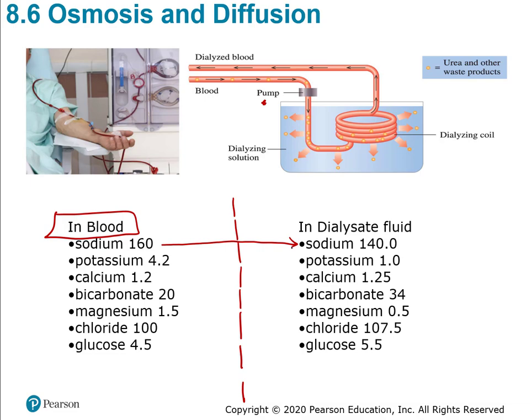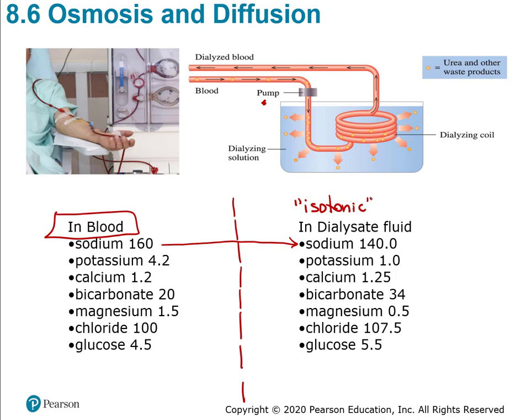This person's potassium is really high. Usually they take some of the patient's blood and do an analysis to see exactly what the conditions of their blood are, to see how out of whack. Can you see it should be 140, 1.25. The concentration in the dialysis fluid, this is the isotonic, is what it should be.